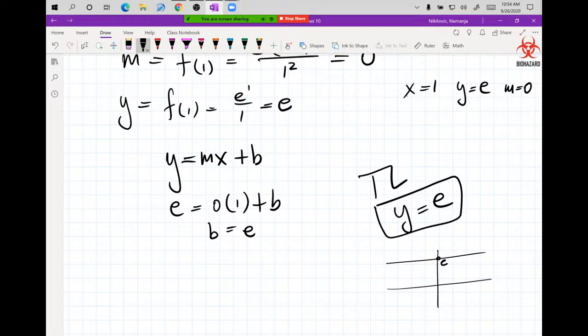The function does something, whatever, but the tangent line is this. And let's say here, so the function, whatever the function does, it touches at 1. I know that. We can spend some more time to figure out what the actual function is.